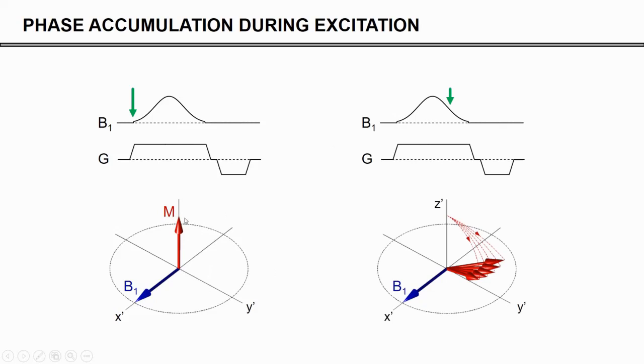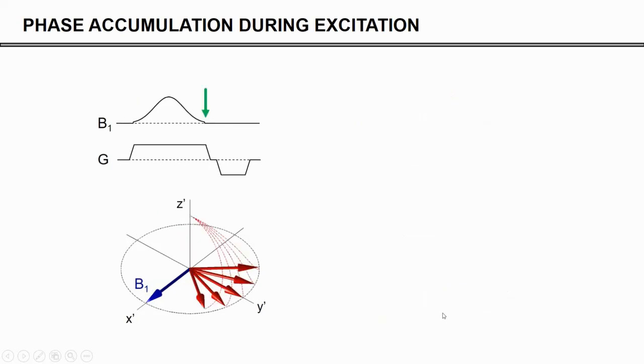As soon as it is being tipped away, the Mxy component is being dephased by the gradient. So spins at different spatial locations acquire a different phase. And at the end of the RF pulse, the magnetization has indeed been excited towards the xy plane, and all the magnetization is excited, but spins at different spatial locations have different phases.